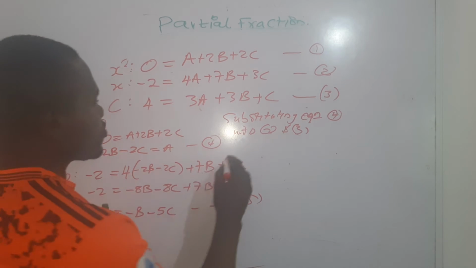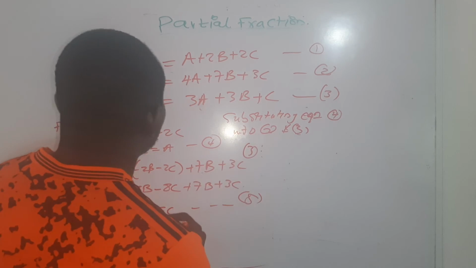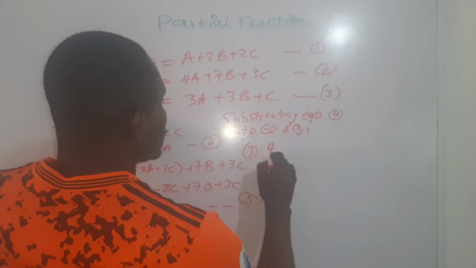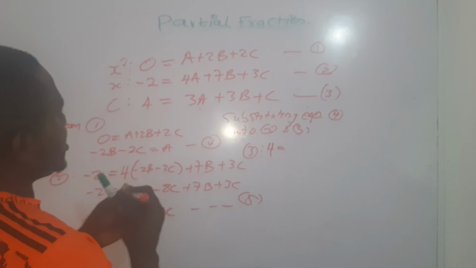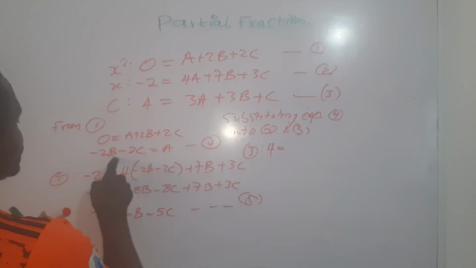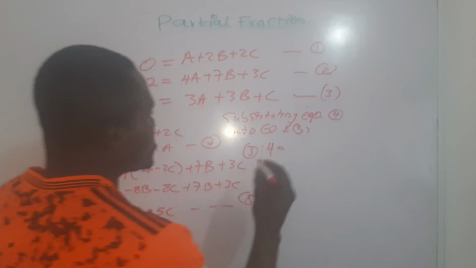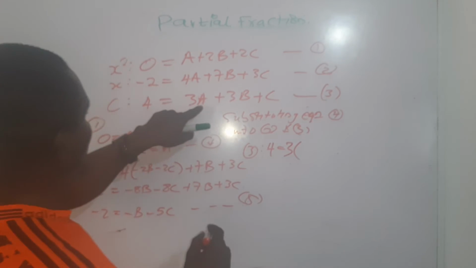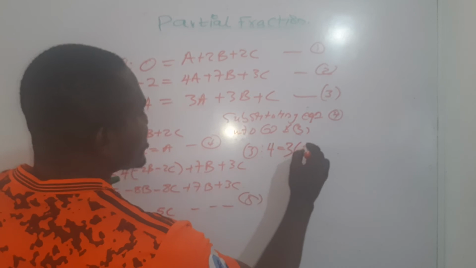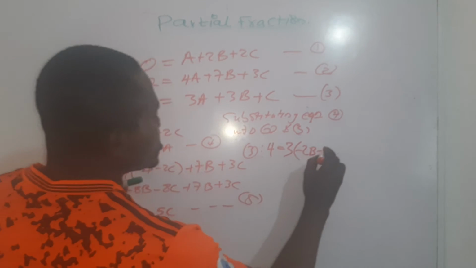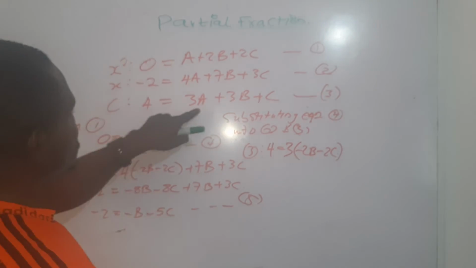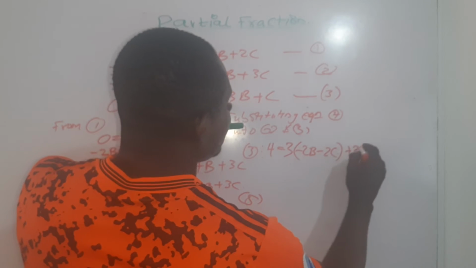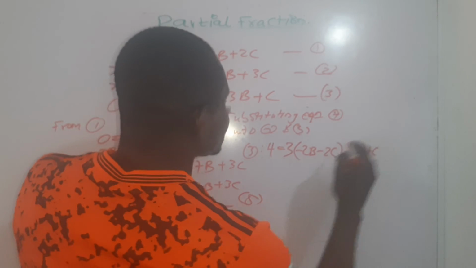Now, let's see equation 3. Equation 3, we have 4 equals to 3 times a, and wherever we see a, we put minus 2b minus 2c, then we are left with plus 3b plus c.